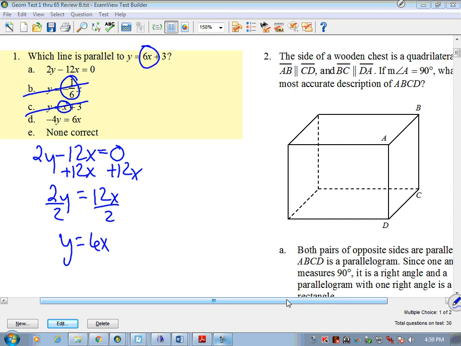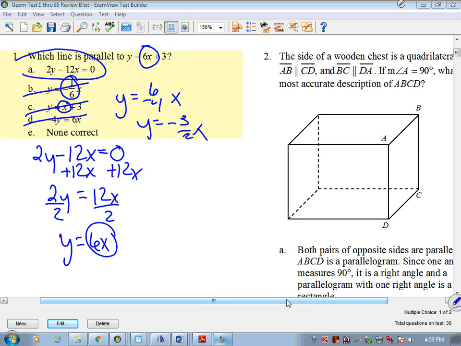That's enough. If we do D, what we'd end up with is y equals 6 divided by negative 4, so 6 over negative 4x, which is y equals negative 3 halves x. So that's not going to be right. But because this is 6x, our answer is going to be A, because the slope comes out the same.